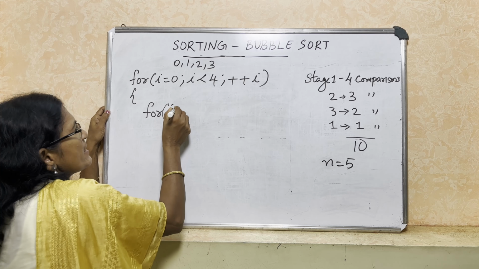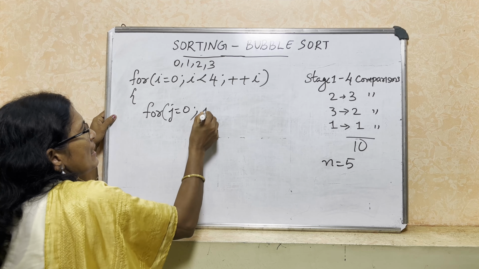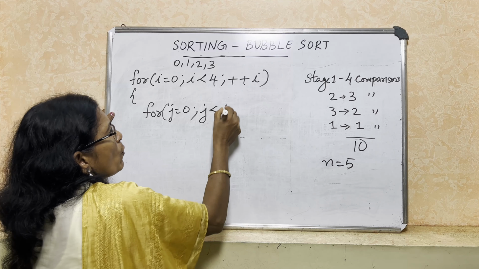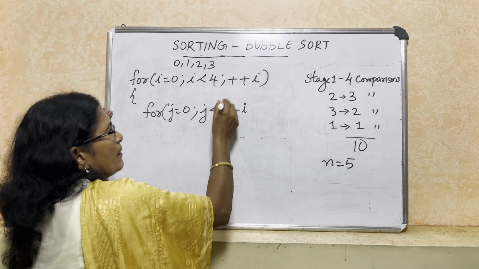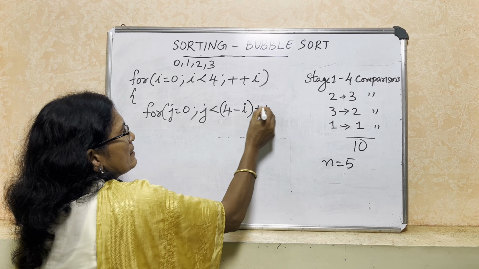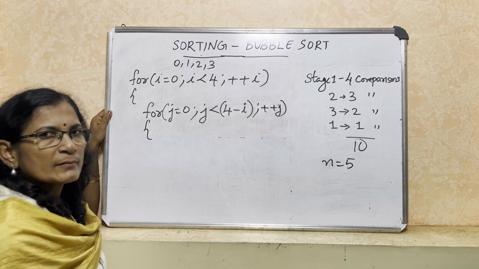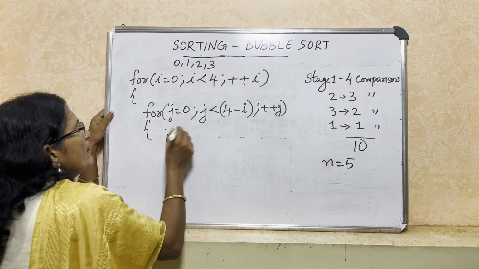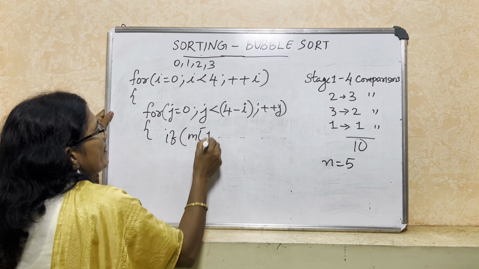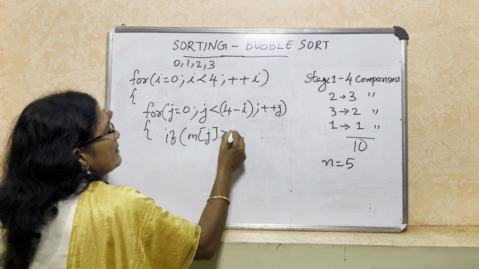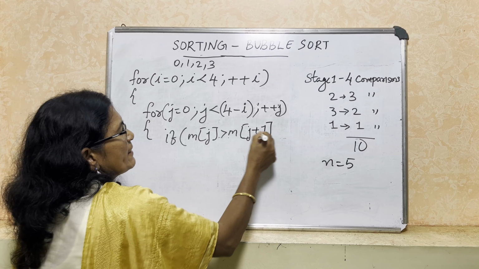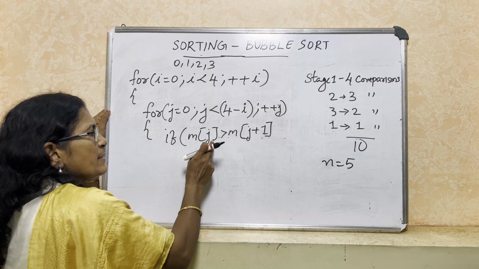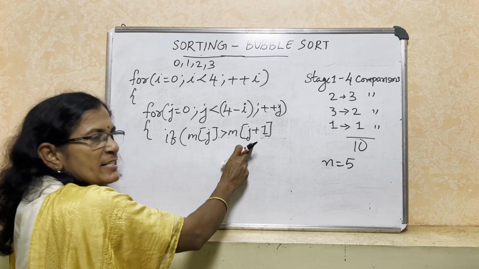So for j is equal to 0, j less than 4 minus I, j plus plus. If m of j greater than m of j plus 1, take two consecutive elements, the jth element, the 0th element and the first element.